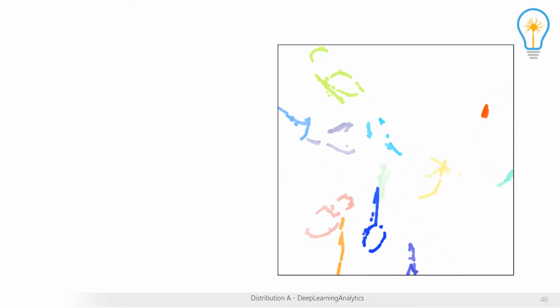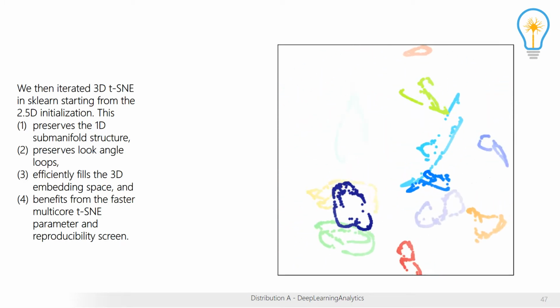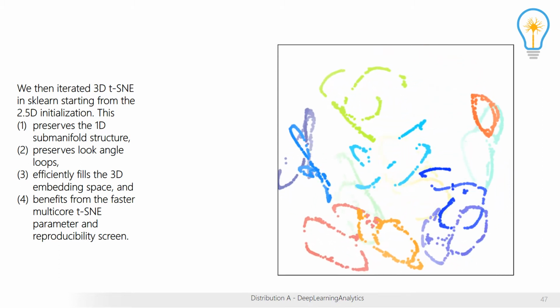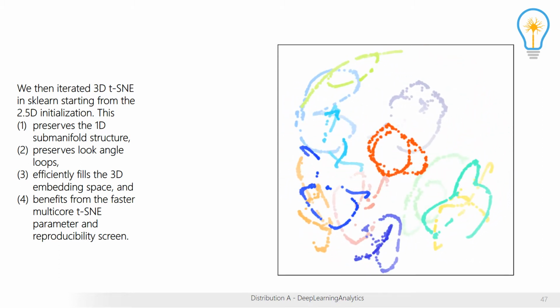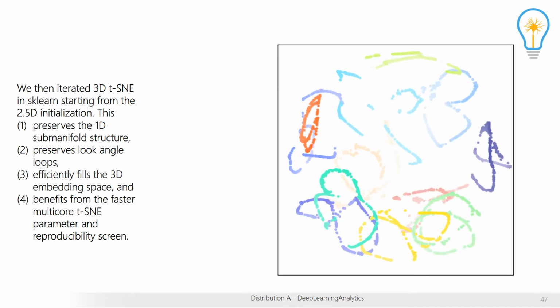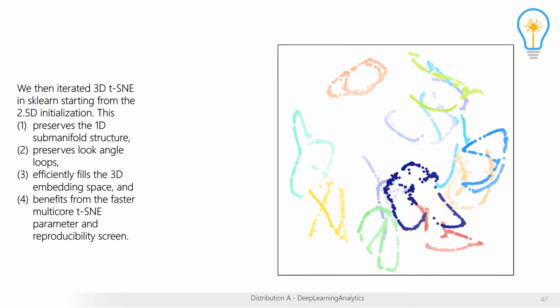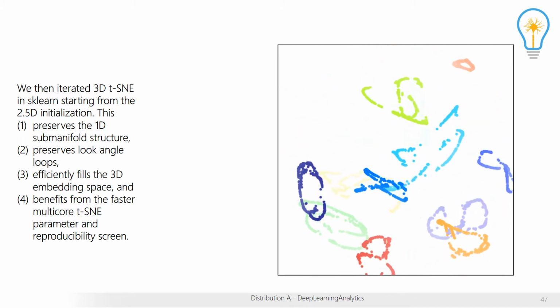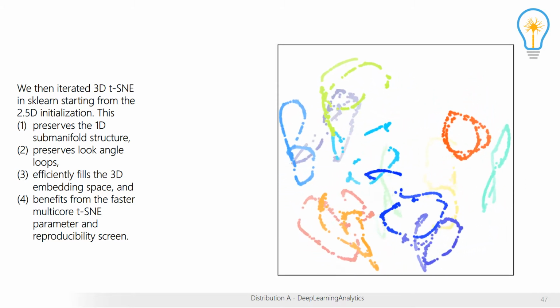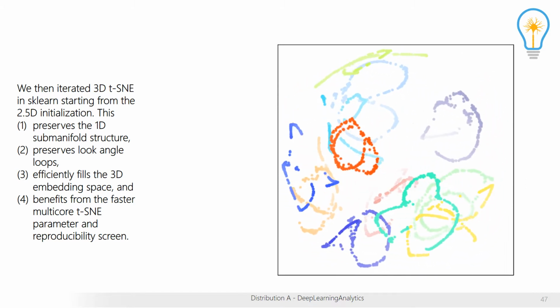We used that 2.5D embedding to initialize sklearn's t-SNE embedding module. sklearn's t-SNE then refines the initial 2.5D embedding into a high-quality 3D embedding, which effectively distributes manifolds over the entire space and preserves the 1D loopy manifolds.